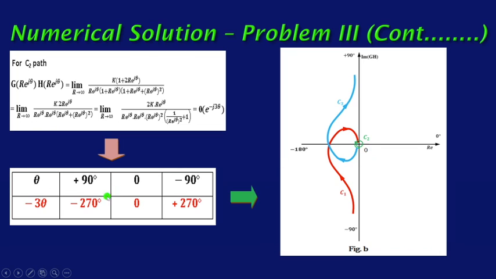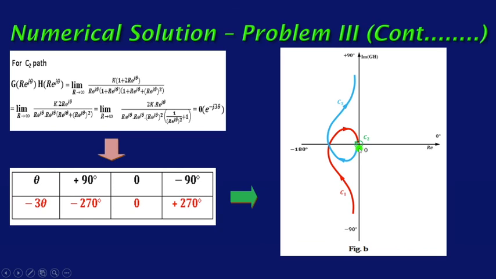Then draw the C2 path. The end of C1 and the starting of the C2 path are the same. So the starting of the C2 path is minus 270 degrees and the magnitude is always 0. This point, so minus 270 degrees to minus 90, then 0, then plus 90, then plus 180, and this point is plus 270.